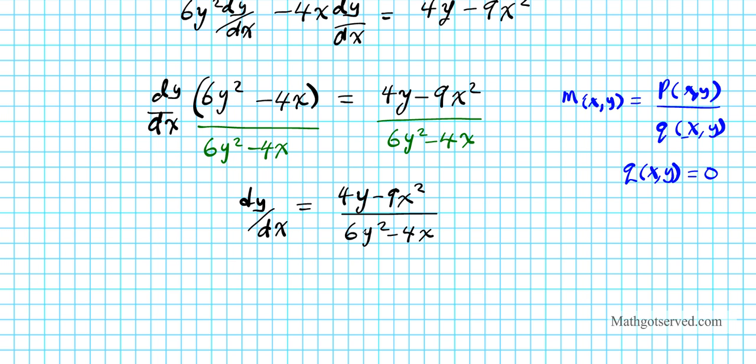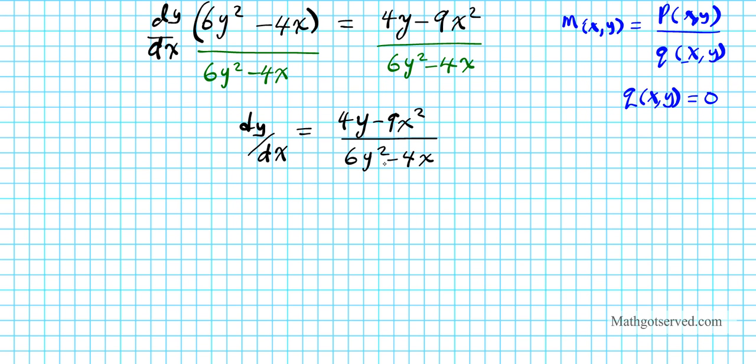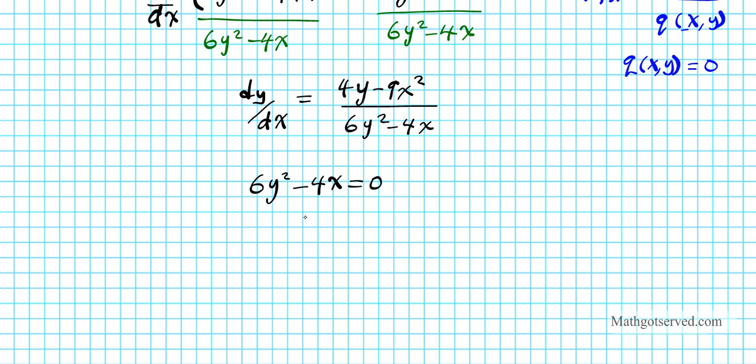Okay, so we have the slope here. So what makes this undefined? This is q of x, which causes the function to have an undefined slope. So we need to solve this equation. Basically, 6y squared minus 4x equals 0. Okay, so let's just get y squared by itself.